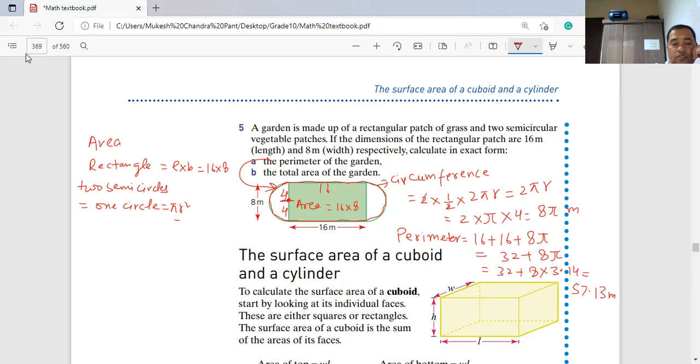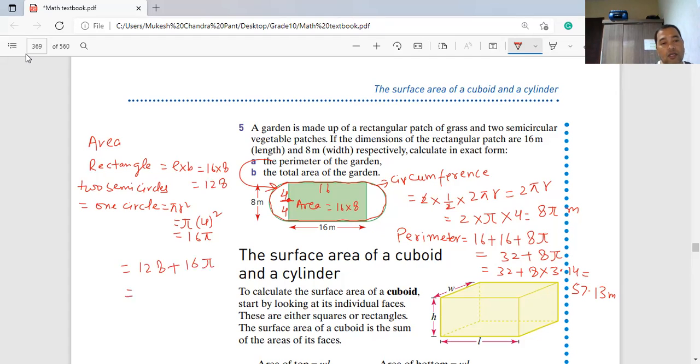And pi r square means pi, and r is 4, so this is 16 pi. 16 times 8 is 128. So area means 128 plus 16 pi.